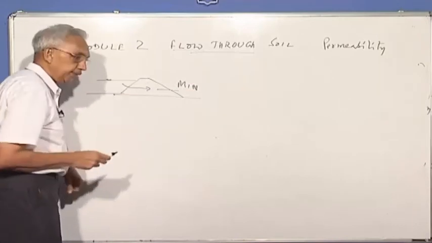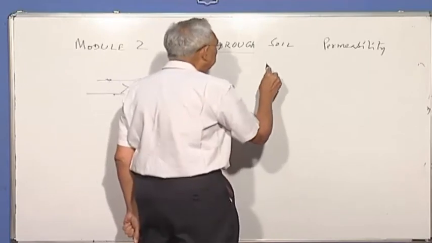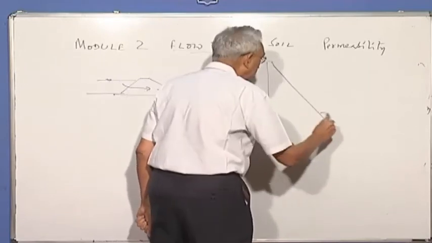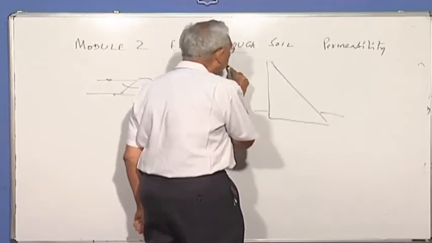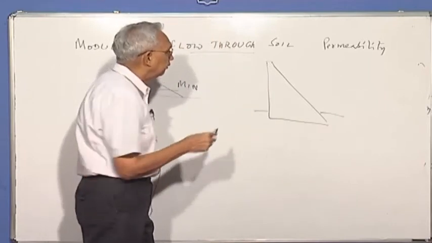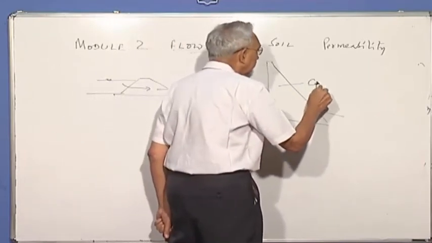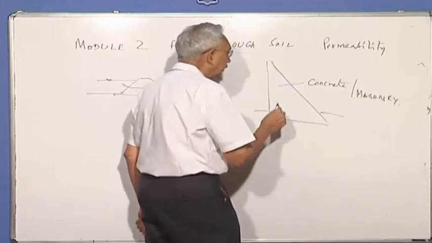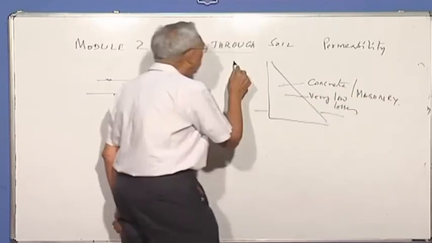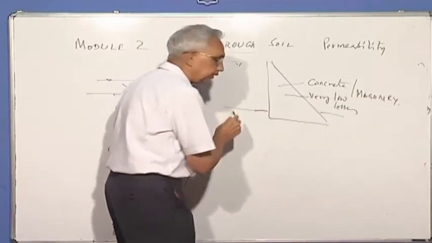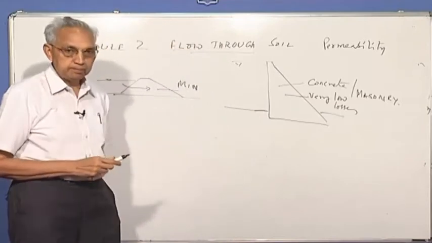Similarly, think of a gravity dam on soil or rock, storing water. Suppose this is concrete or even masonry. The losses will be very low. I am looking at, for example, Nagarjuna Sagar. It's a masonry dam.